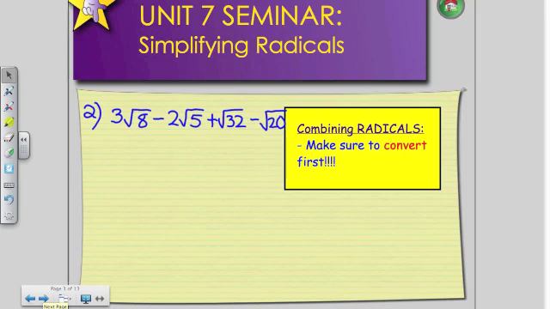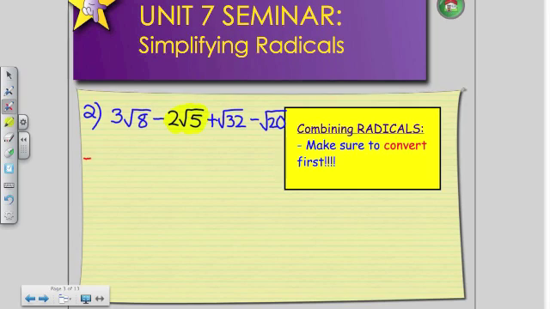So the only thing that is not an entire radical is that term. Even the 3 root 8 can be simplified even further. So what I'm going to do is try to break down everything except for that number, everything underneath the radical signs.